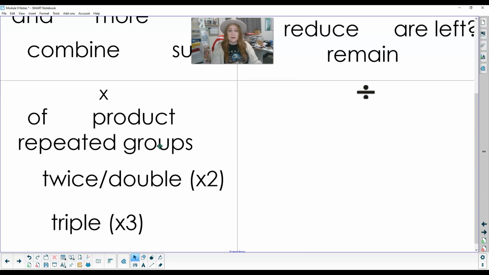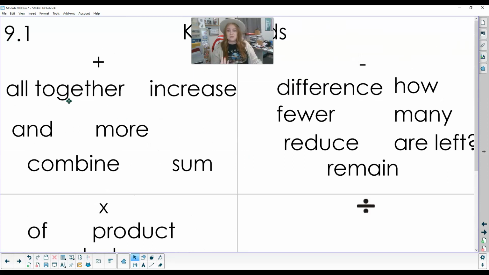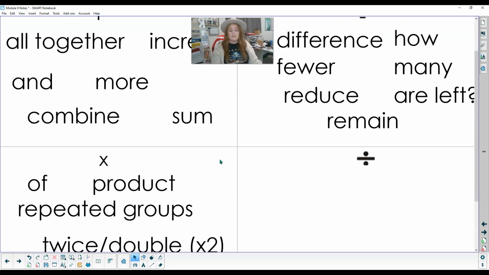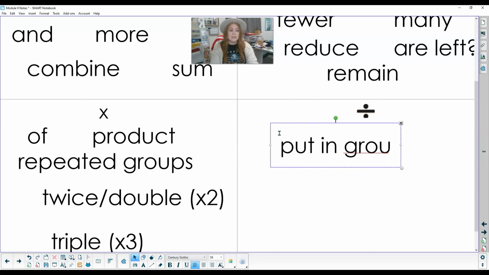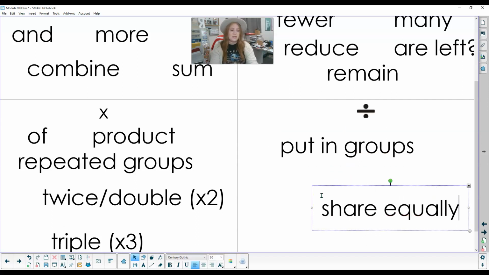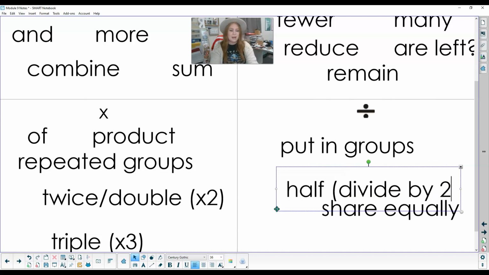Okay, so pick about 3 or 4 of those to write down. Maybe write down the ones that you haven't heard or aren't as familiar with. If you know that together means to add, maybe don't write that one down. Write down one you're not familiar with. And then our dividing words: when we are putting things in groups, when we want to share equally, or if you put something in half, that's going to mean divide by 2.